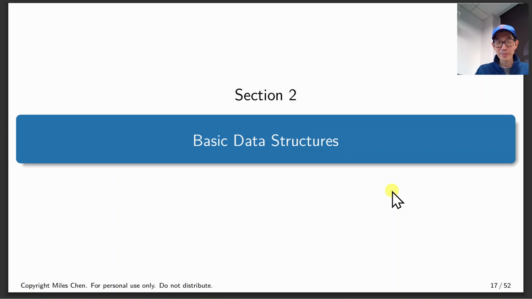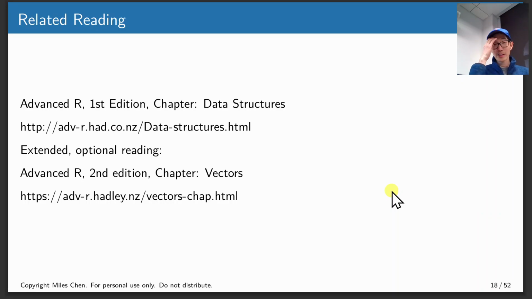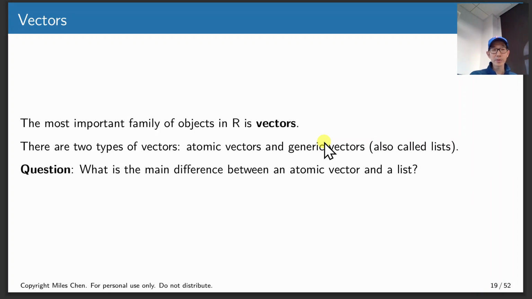I think a lot of this should have been covered in Stats 20, and a lot of this is based off of material from Hadley Wickham's textbook, Advanced R. He has a first edition and a second edition, and there's actually quite a bit of change between them, and he's got a chapter on vectors and a chapter on data structures, so that's what we have.